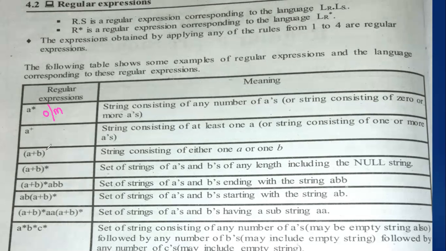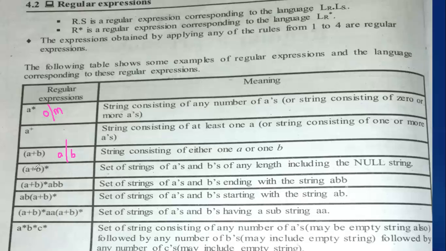How many times can A occur? Only once, because you don't have a star or a to the power of plus over there. So A plus B means A or B, only once. The output may be A or B exactly, that's it.